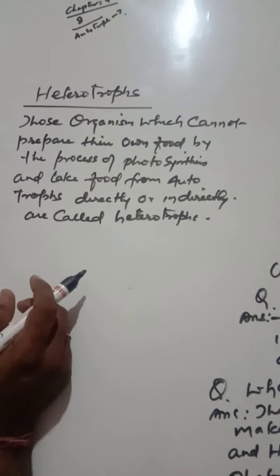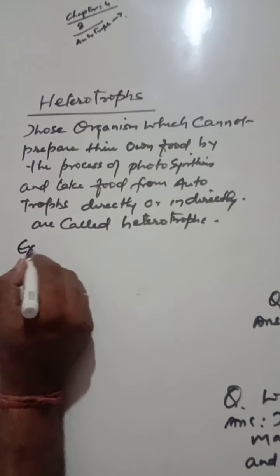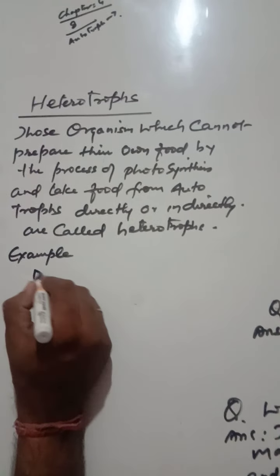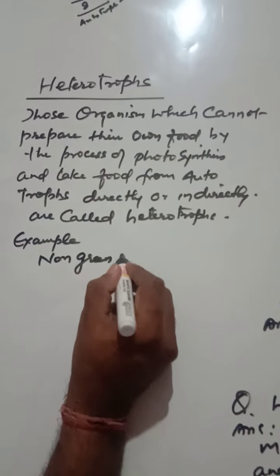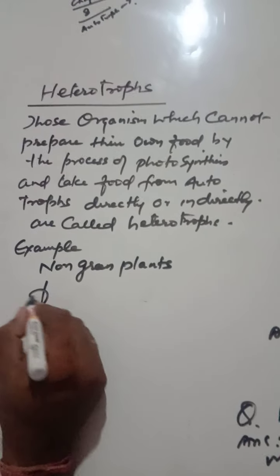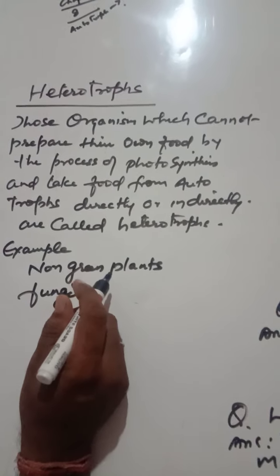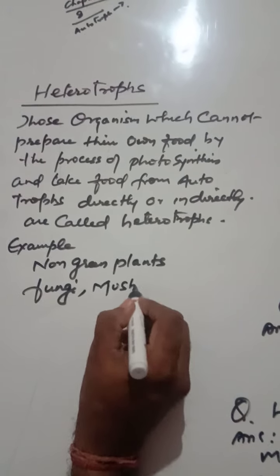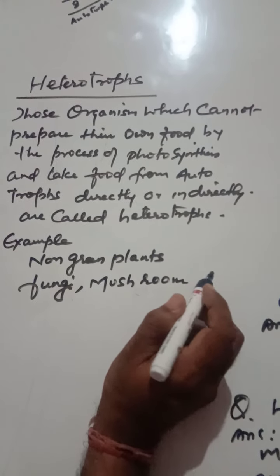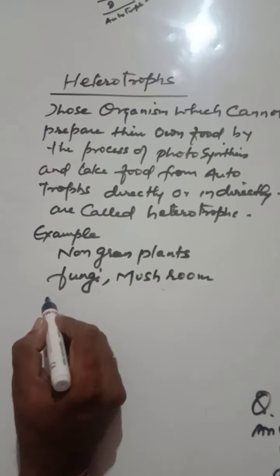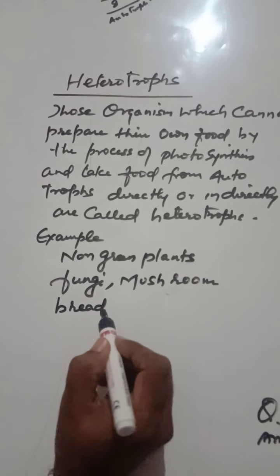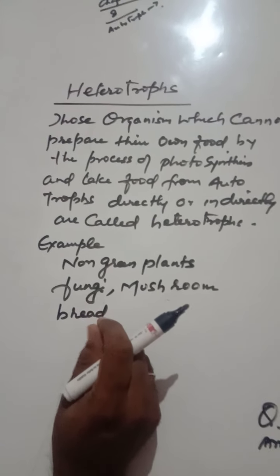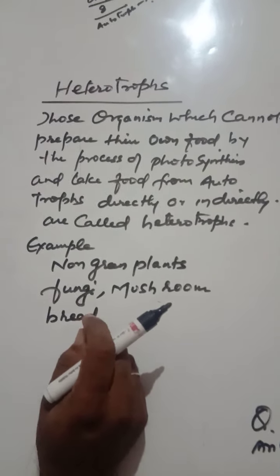Clear? So they are non-green plants, and if you consider the examples, there are various plants, herbs and shrubs. Non-green plants, we can say fungi, one of the examples. Other, bread mold, and mushroom, nowadays very common. People make soup of it and have it. If the bread is left for a few days, then we find brown and gray color over it, and the food is being spoiled.